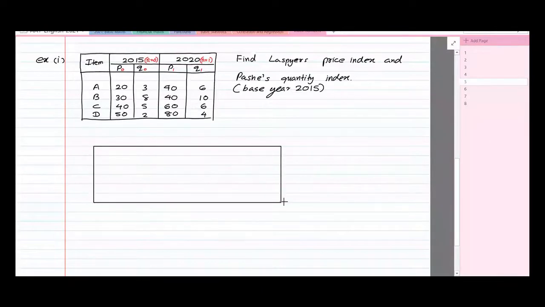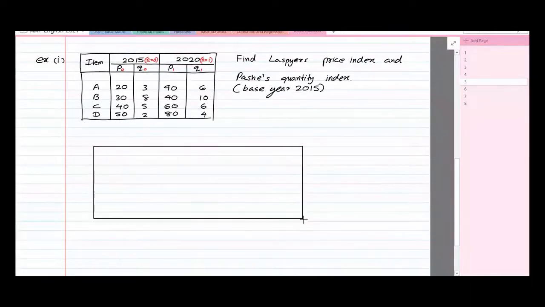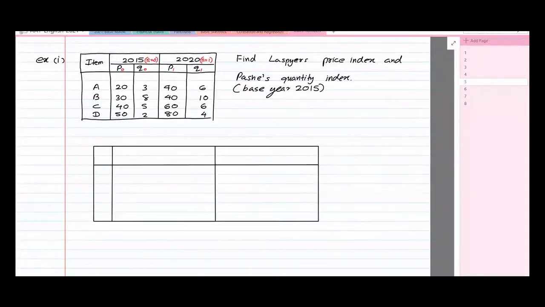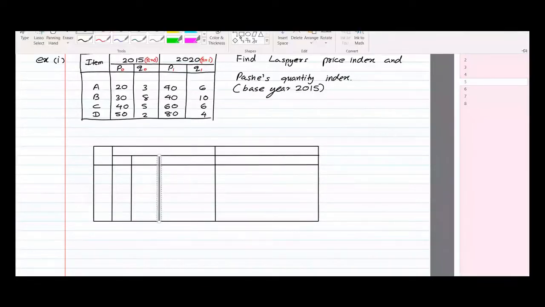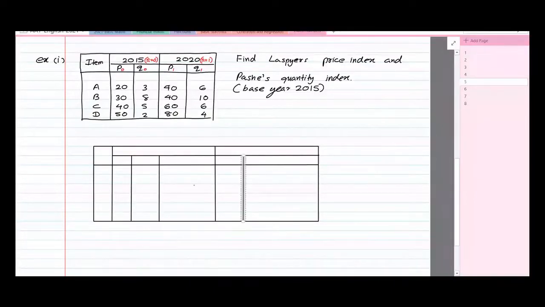This is the question given in your paper, so you draw it again as a different table, because you have to insert some columns. Keep space to add two more columns at most.